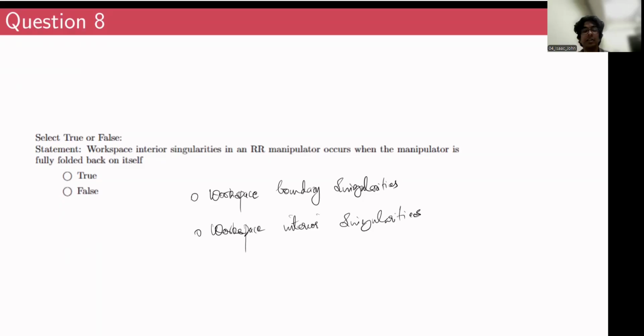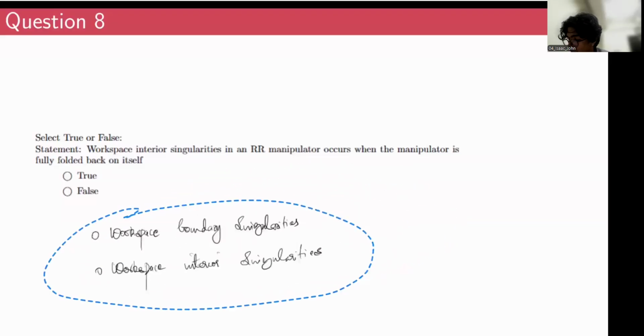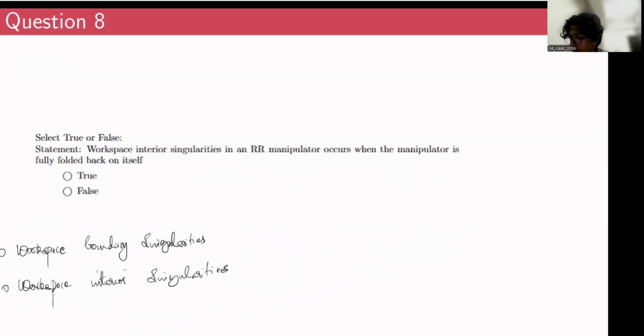Workspace boundary singularities occur when the robot is at the boundary of the workspace. So for example, consider this RR robot, and maybe I'll draw somewhere at the center of this page.